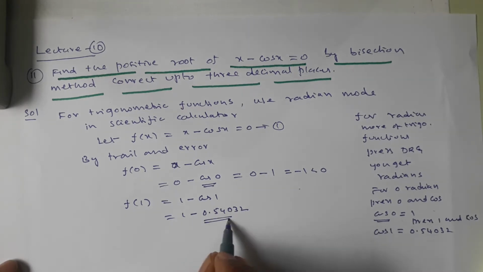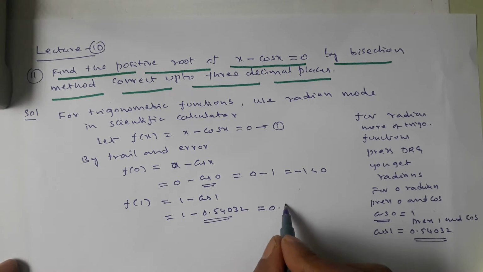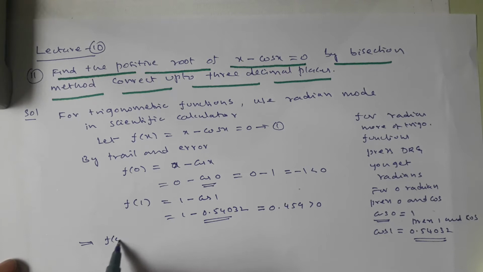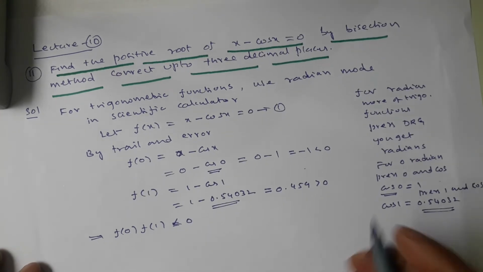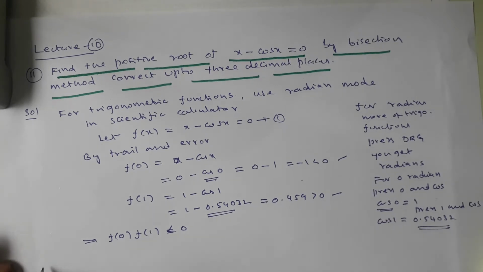So 1 minus 0.54032 is equal to 0.459, greater than 0. This implies f of 0 into f of 1 is less than 0, as this is less than 0 and this is greater than 0. So the root lies between 0 and 1.